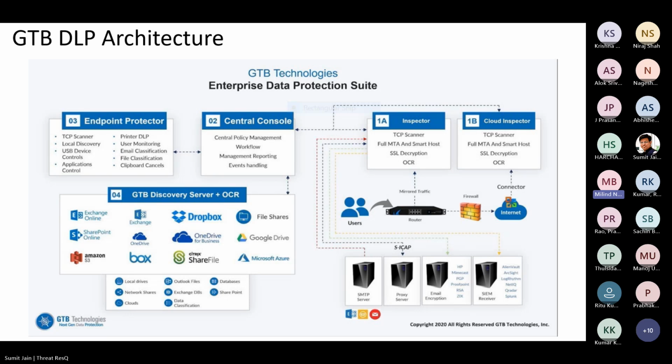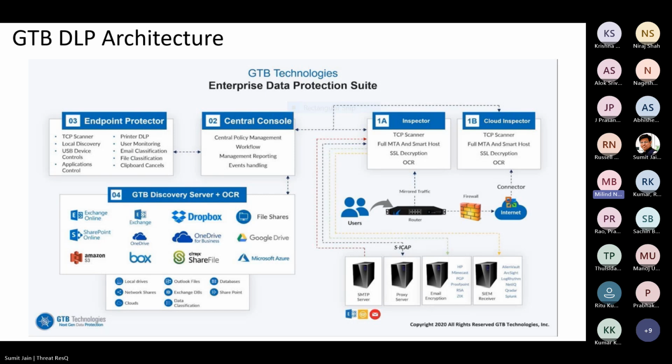Now there is one more network DLP part, which is the cloud inspector. If you have any cloud storage or cloud servers or cloud entities, like AWS, Azure, GCP, or any third-party cloud, you can track such resources where your sensitive data is going to move out, and GTB DLP can take care of that also.